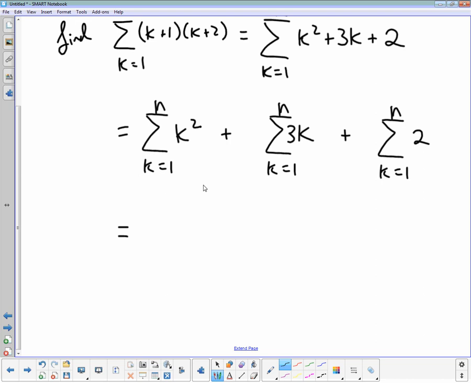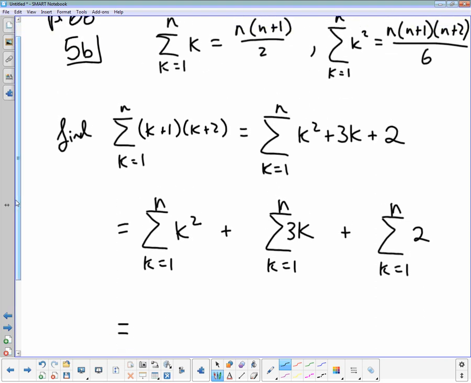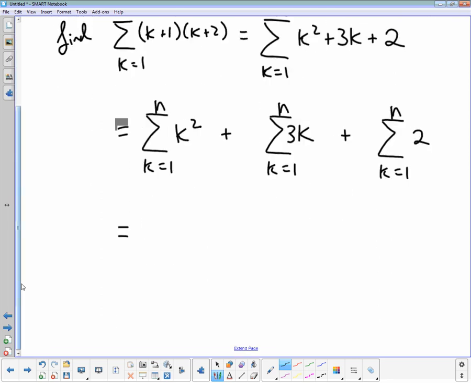That's equal to the second term over here, right? And now this one is simplified to be this.